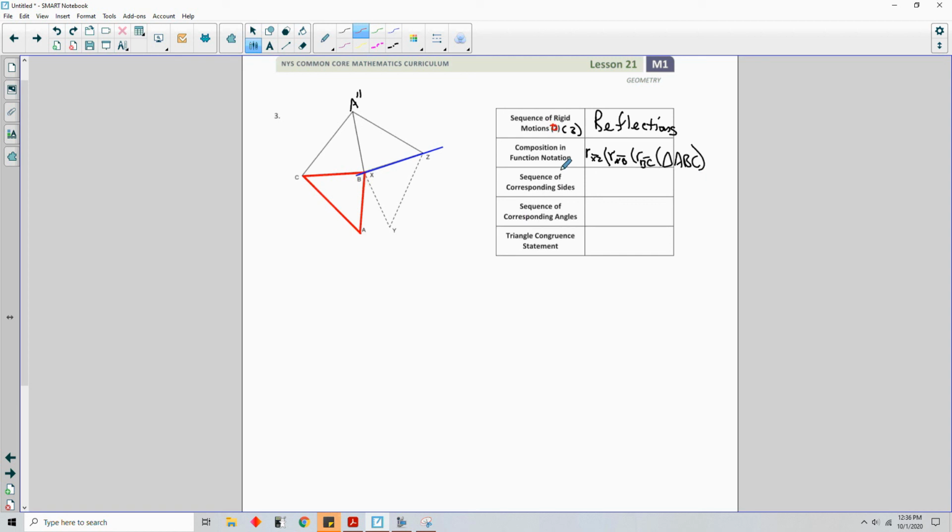Sequence of corresponding sides. Okay. Here's AB. Let me change colors. So if I take side AB, I have side BC, and I have side AC. So I'll write those down first. Correspond to, correspond to, correspond to. AB becomes YX. BC becomes XZ.